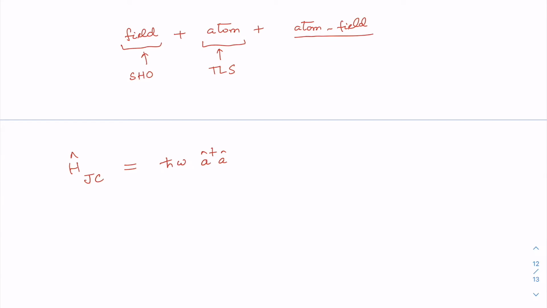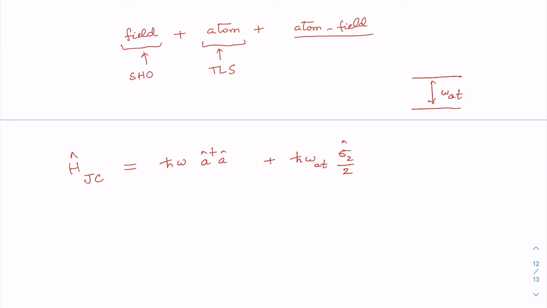I am not writing the plus half here because that's just a constant. And then the atom, we are going to model as a two-level system, so we have this atomic transition frequency omega atom, and let me write it as ħ omega atom σz by 2. Thereby I mean that my atomic transition frequency is omega atom.